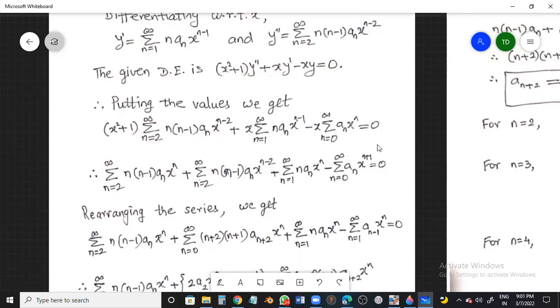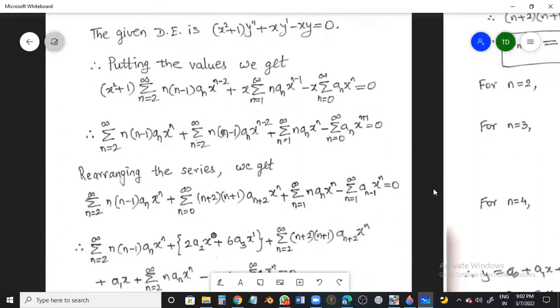See, there are varieties. This x is raised to n minus 2 here, and outside it is multiplied by two terms: one contains x square, the other is constant. In this term, the series contains x raised to n minus 1, and outside it is multiplied by x. And here the series is x raised to n kind of series, multiplied outside by x.